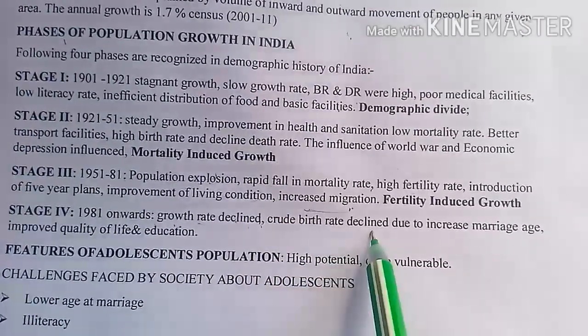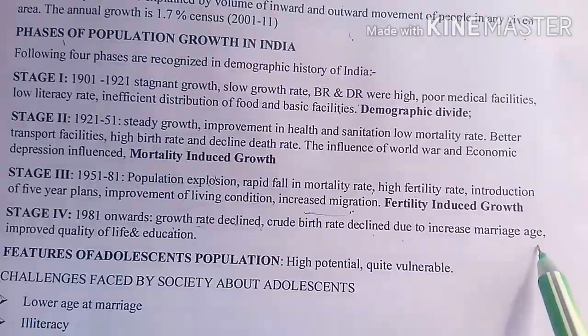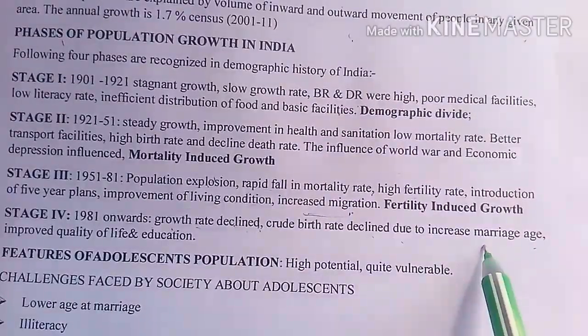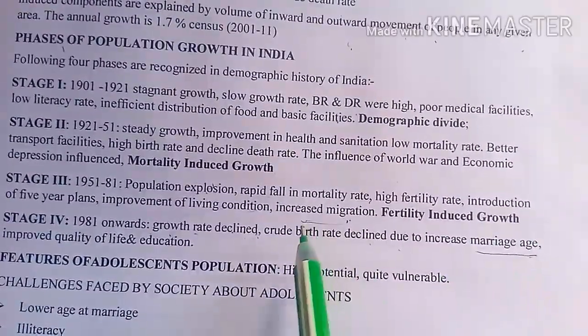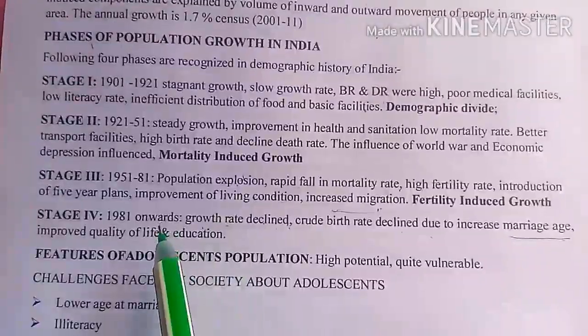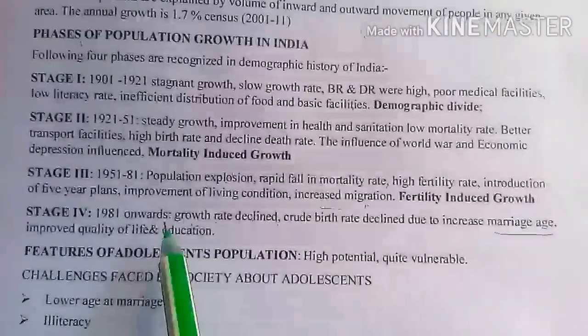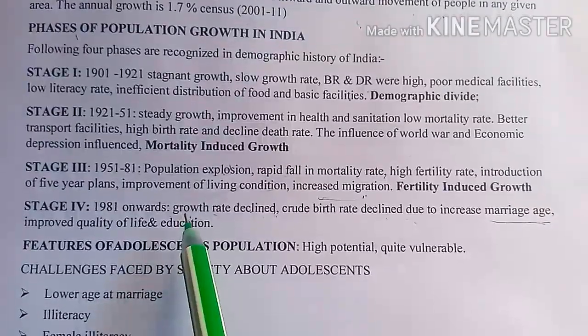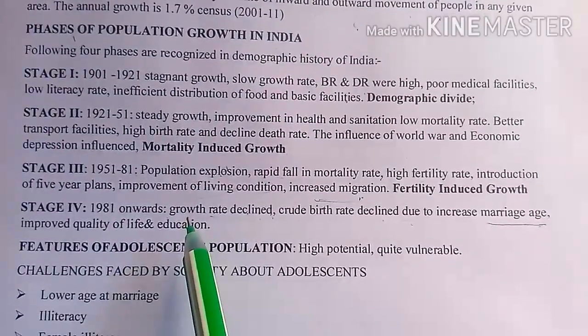Crude birth rate declined due to the increased age at marriage, among some other reasons. Marriages are very important because during these periods people became very smart and mostly involved in education.